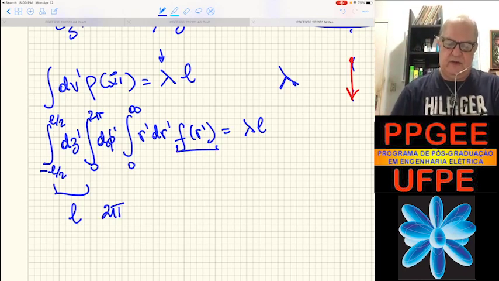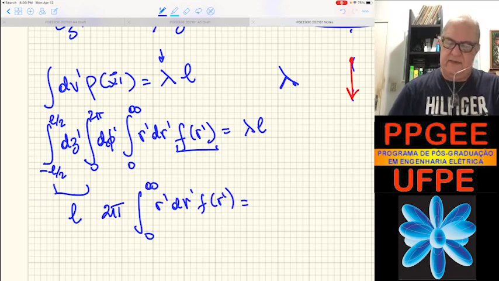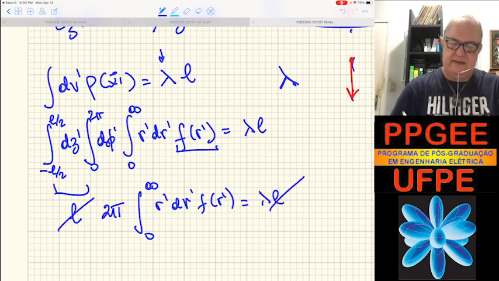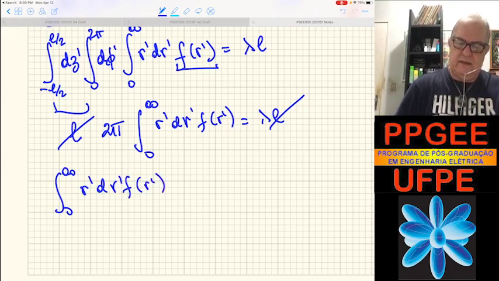So we're going to use the integral from 0 to infinity of r prime dr prime f of r prime equals lambda L. So L cancels out, and we have the integral equal to lambda over 2 pi.